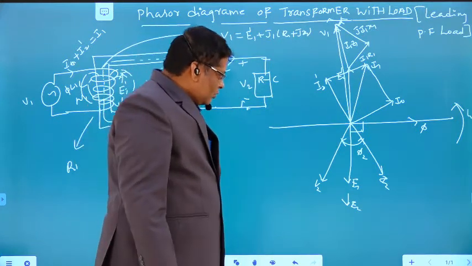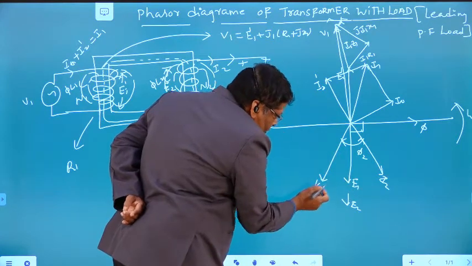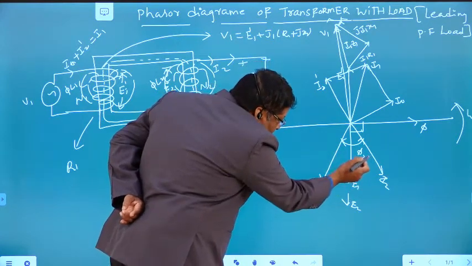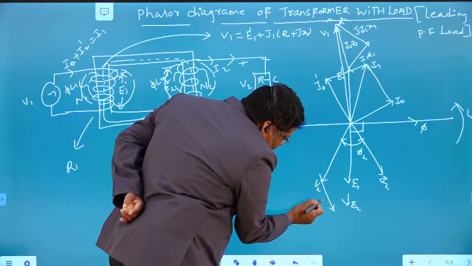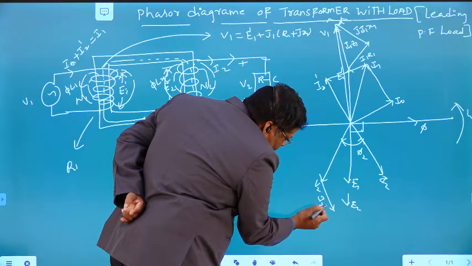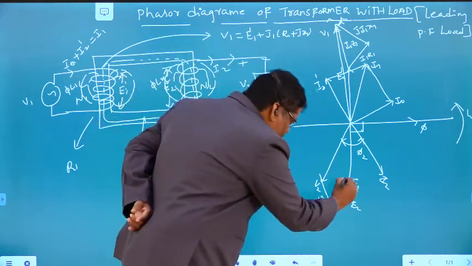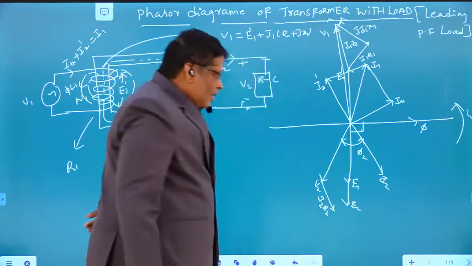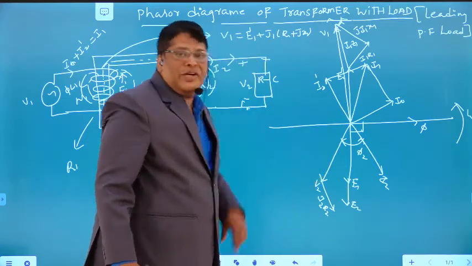Now see here, we know the I2. Now you have to draw parallel to the I2. This is I2 R2. Parallel to the I2, you have to draw the I2 R2 from the tip of the V2.